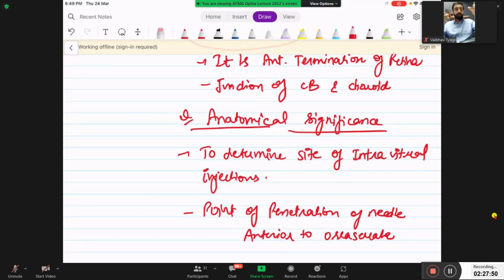That is why the point of penetration of the needle in intravitreal injections is always anterior to ora serrata. Understood? Whatever injection we give in the posterior segment, in the vitreous cavity, the needle will be anterior to ora serrata and never posterior to it.